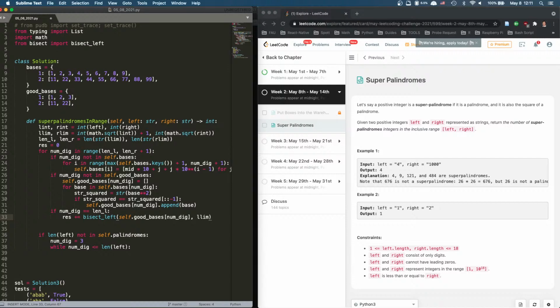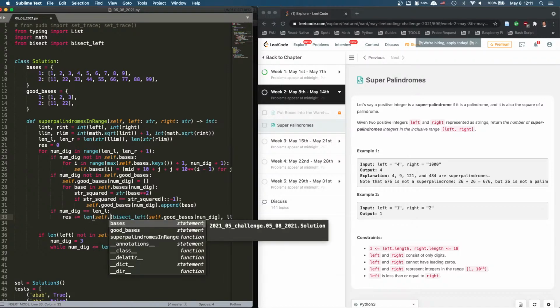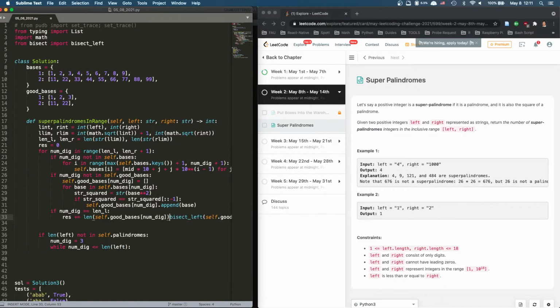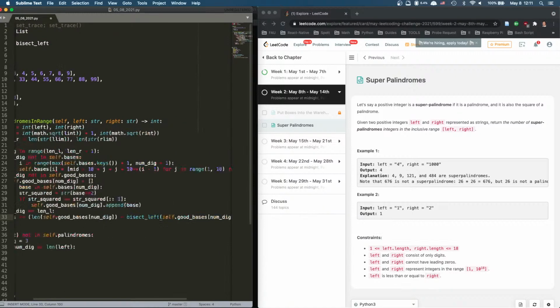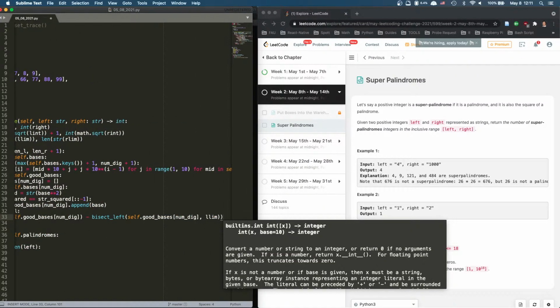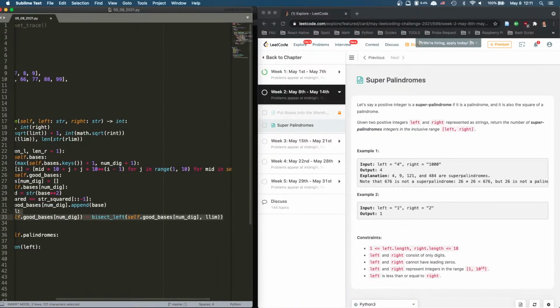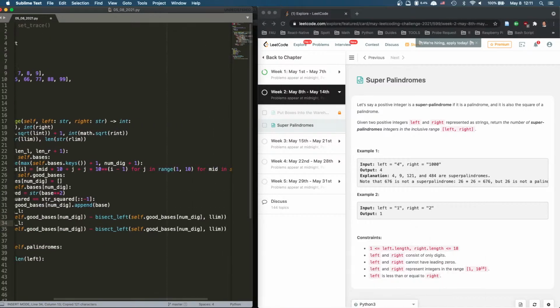So it's going to be len self dot good basis num digit minus, more explicit, minus this.